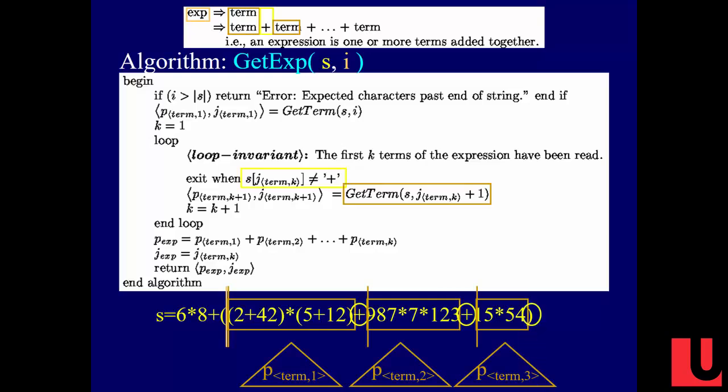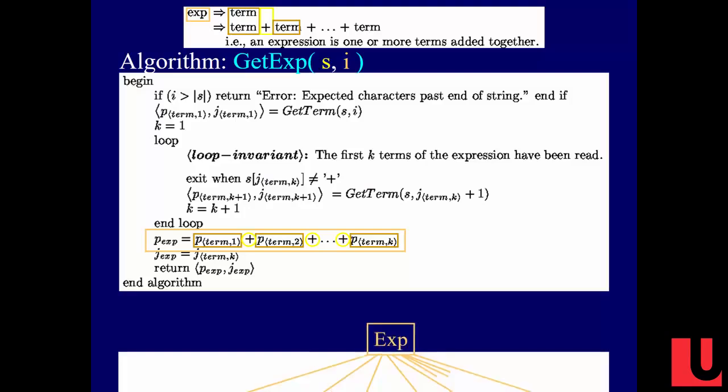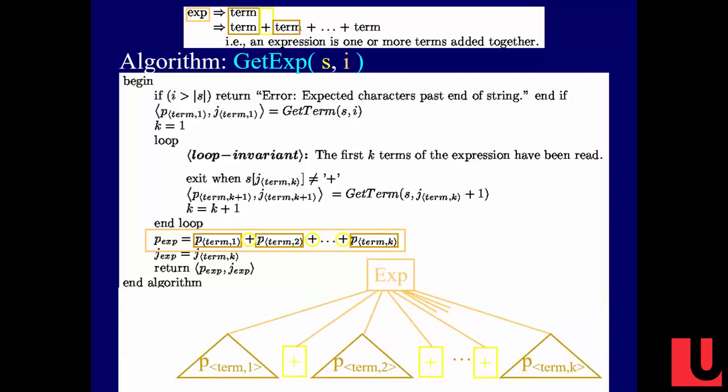And then we ask, is the thing past it a plus? And it's not, so we're done. Right? And then we have all the pieces that came from our get terms, and we put them together to be a parsing for get expression. And what might that look like? That might look like a parsing like that. Does that make sense?